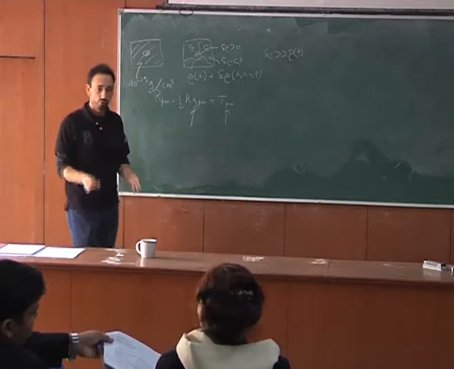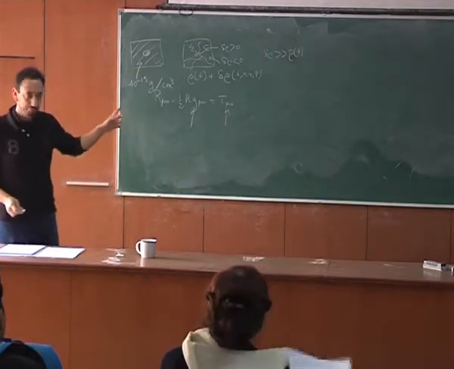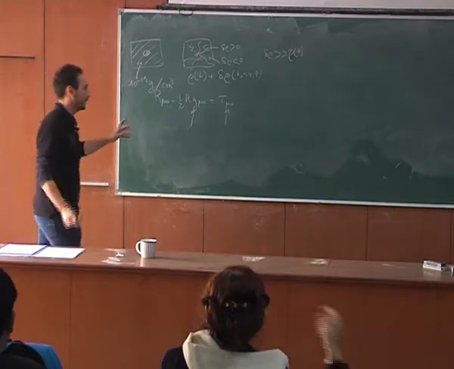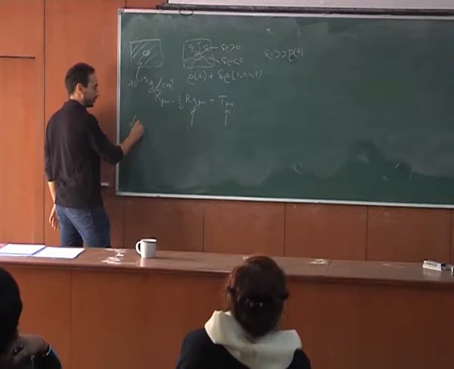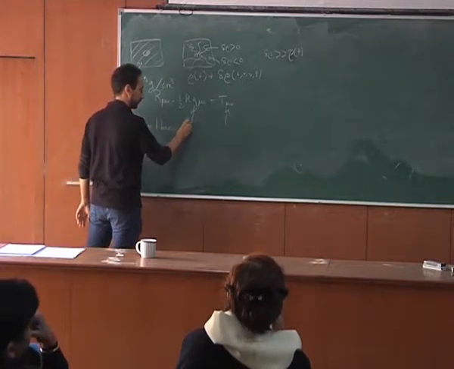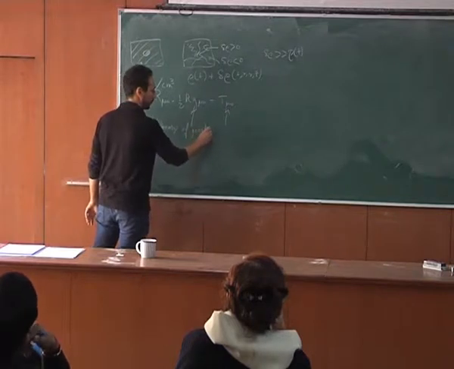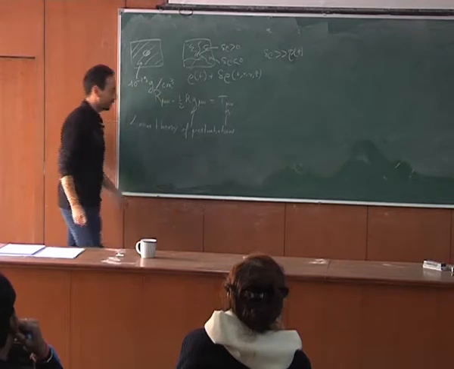So of course, if you want to study things at the scale of the Earth, you will never do it by this. Then you have to go to the full nonlinear theory. So this is what is called the linear theory of perturbations, in the sense that we are going to write our equations at the linear order.